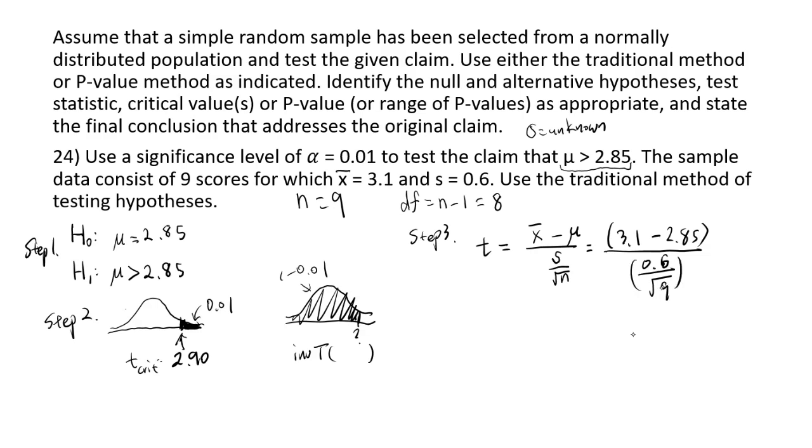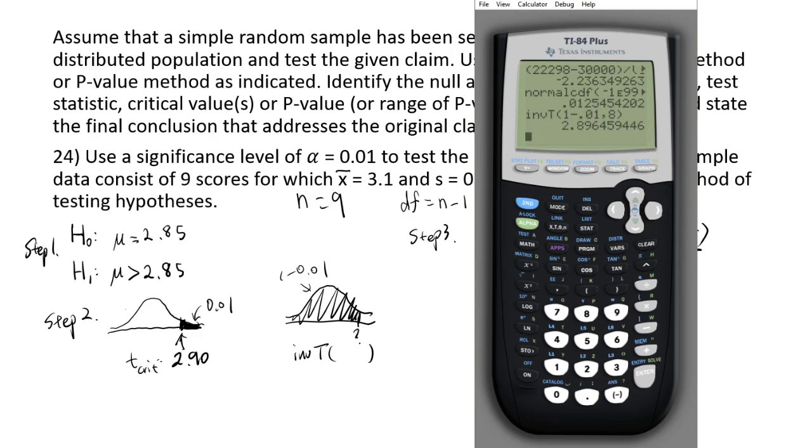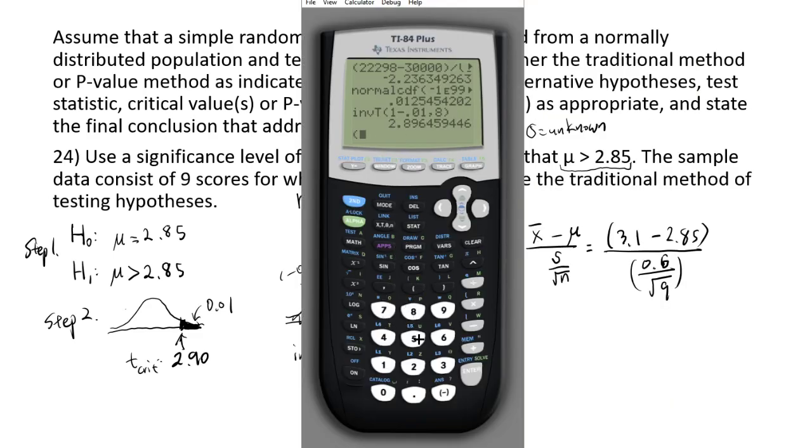And please don't forget these parentheses when you calculate it. So we need to do parentheses 3.1 minus 2.85, close the parentheses, divide, and then open parentheses, 0.6 divided by square root of 9. Then you close the parentheses, enter, and you get 1.25 as your test statistic.